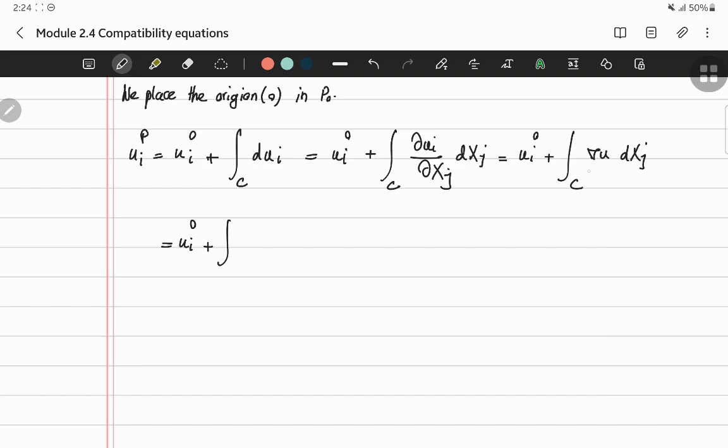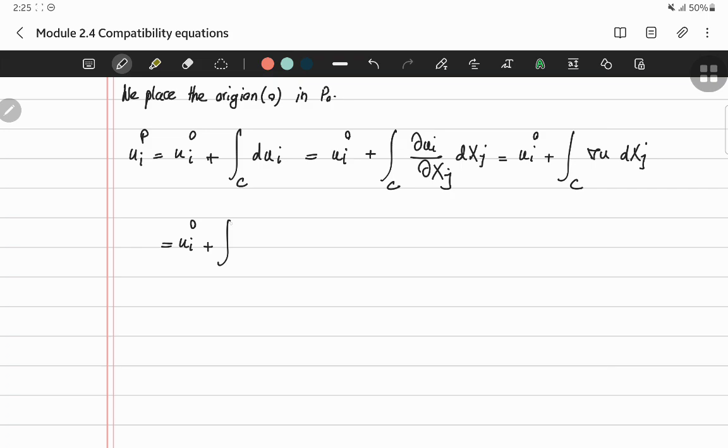And if you remember, this del u was a combination. We can write it as E plus W, the infinitesimal strain tensor plus the rotation tensor.